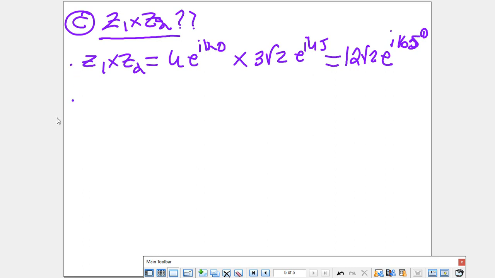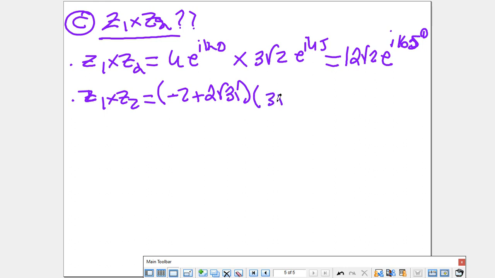In the Cartesian form, I need to develop. So I have z1 times z2. z1 I already have, and I'm just checking my answer. It's (minus 2 plus 2 radical 3 i) times (3 plus 3i).